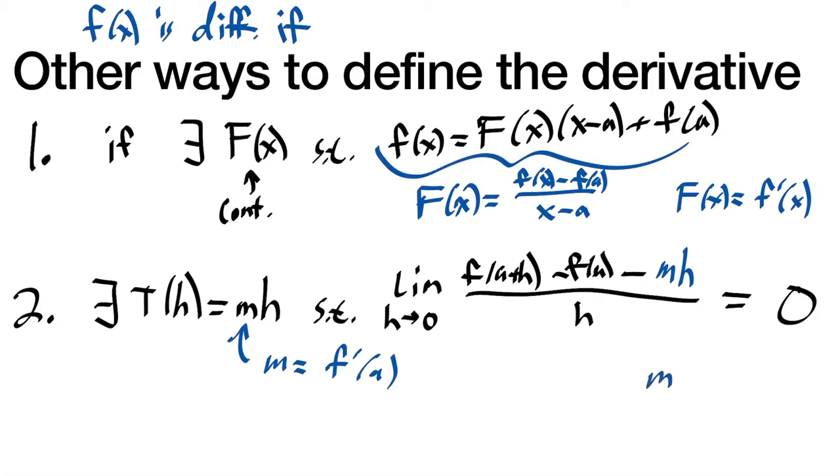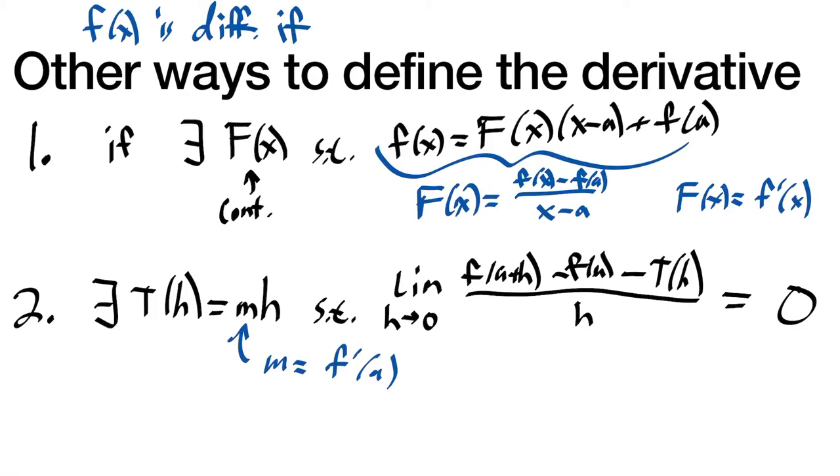One fraction is your difference quotient, and the other fraction is m. And so you see that m is defined to be the derivative. And in the other direction, if we leave this as t of h and solve for it, then you'll notice that t of h is the derivative equation.